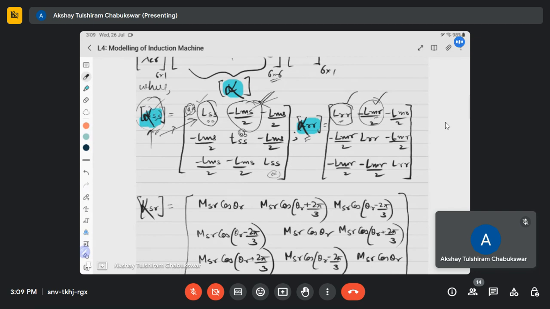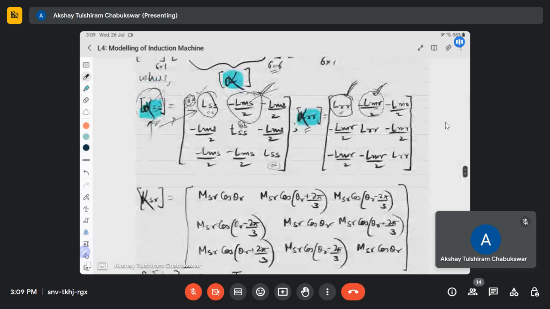So this is rotor to rotor mutual, and LRR is rotor to rotor self inductance, you can say. As you can see, in a distributed winding, LSS, LMS, LRR, and LMR all are constants. So these whole submatrices, lambda SS and lambda RR, are constant matrices.